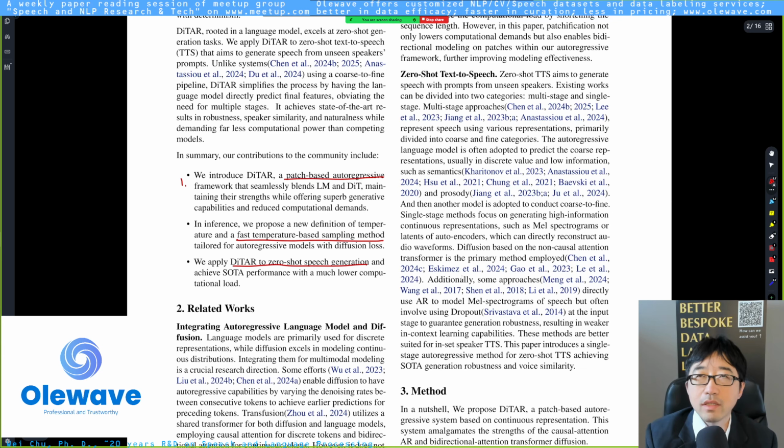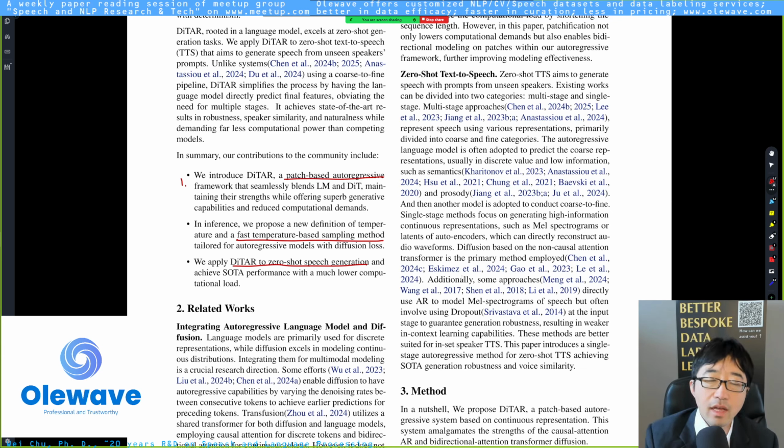So what is zero-shot speech generation? It's about giving a sequence of text. You want to synthesize the text, but you also give it a prompt, which is a voice prompt. For example, 10 seconds of audio of a specific person, and you tell your model that, okay, I want you to synthesize the content of the text in speech, but also in this specific person's voice.